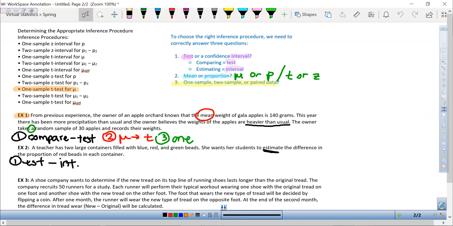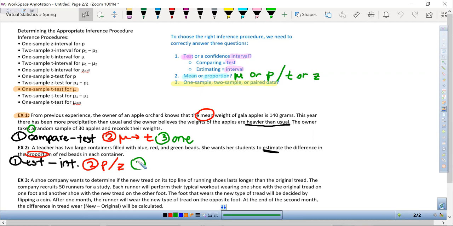Okay, and then we want to look at, are we talking about the proportion or the mean? We're talking about a proportion, which means we're going to have a z involved. Okay, so p always goes with z. Notice they shouldn't try to trick you with that in the problems, I think.